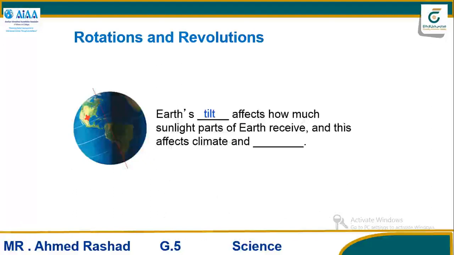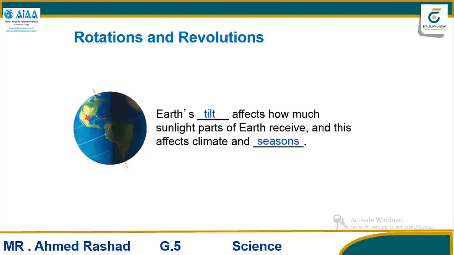Earth's tilt affects how much sunlight parts of Earth receive, and this affects the climates and the seasons.